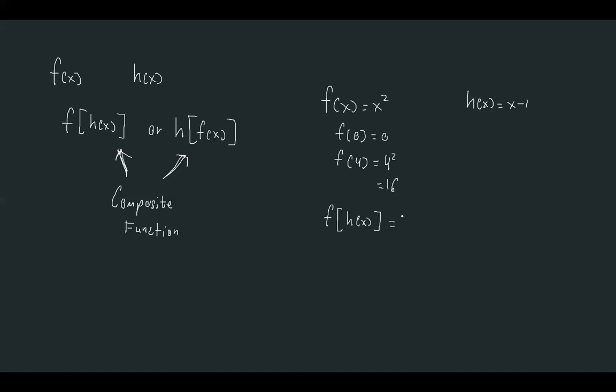So f of h of x is equal to f of x minus 1. This is the input you're going to substitute for the x. So this is x minus 1 squared. This one is what you call a composite function, wherein the input is another type of function.